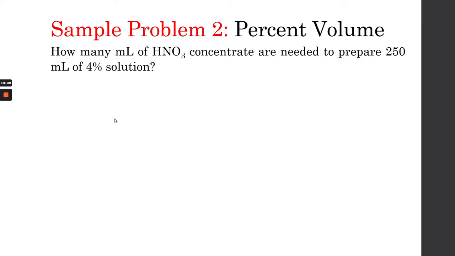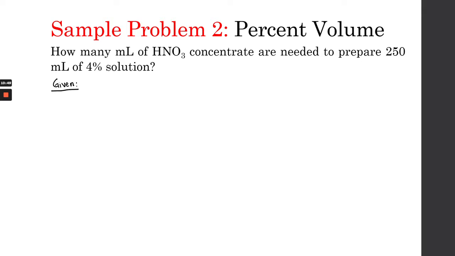So let's read the problem. How many ml of HNO3 concentrate are needed to prepare 250 ml of 4% solution? It's very similar to the previous example. What they're asking us is how much solute we need.